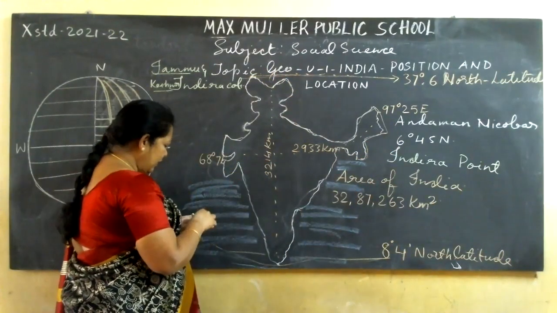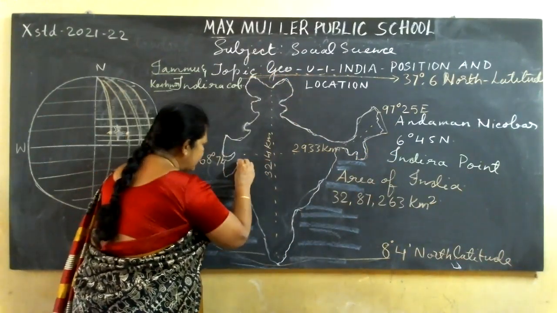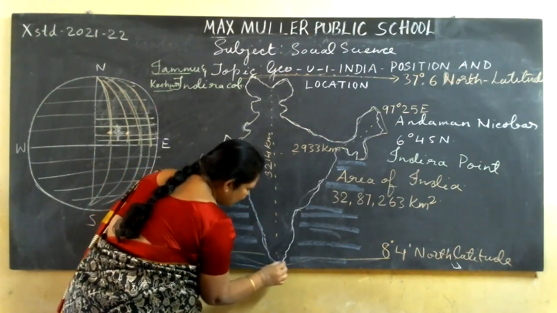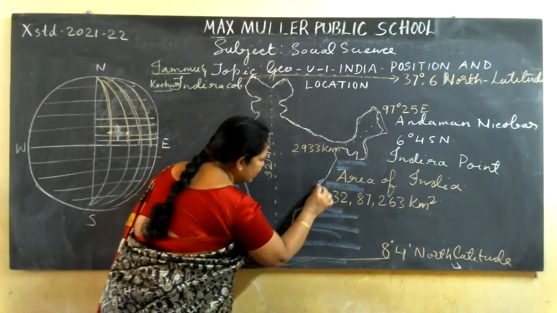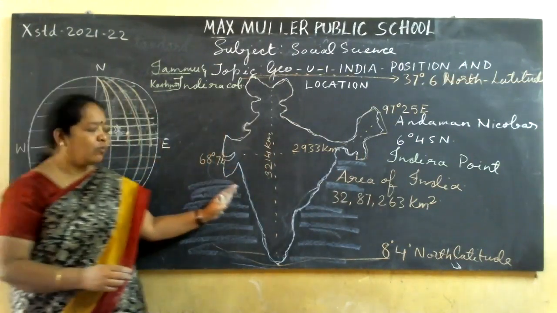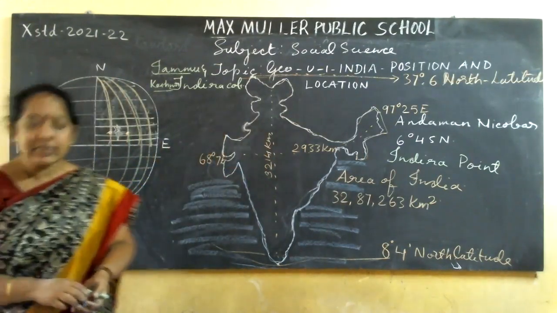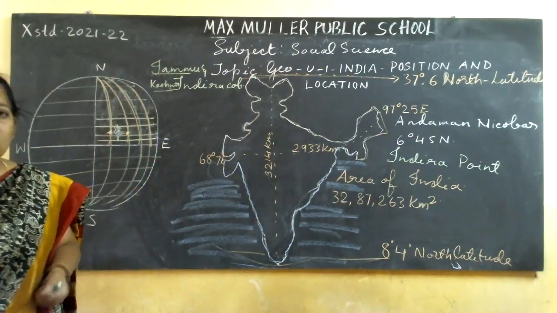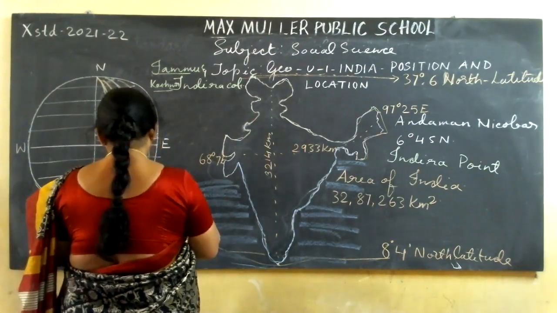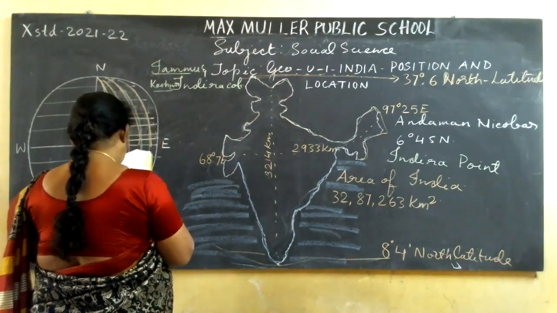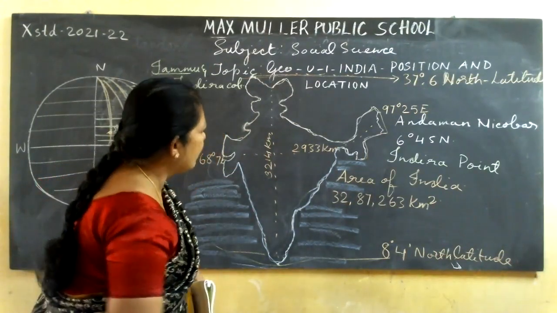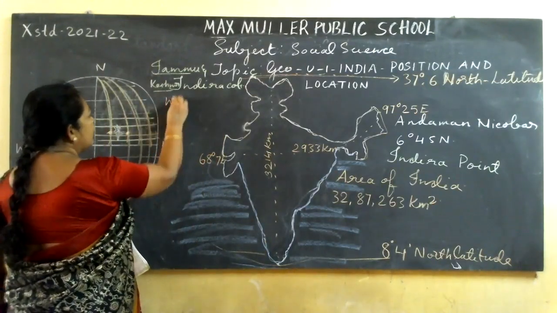And from this side, see, it is water frontier. This is all water frontier. So water frontier, that is near the water, the border is around 6,100 kilometers. We have 6,000 kilometers of water frontier. I will write here water frontier.